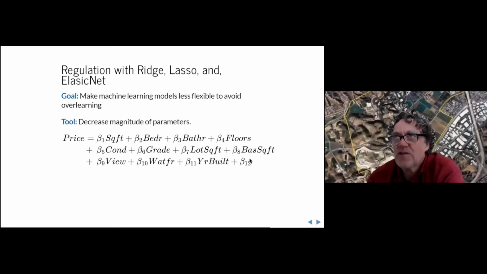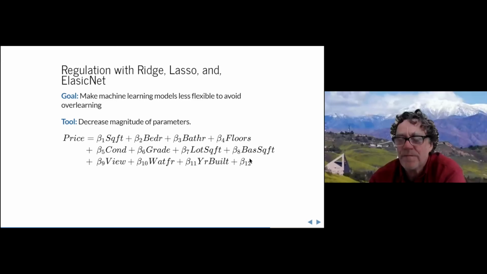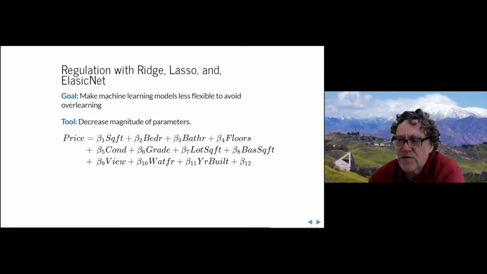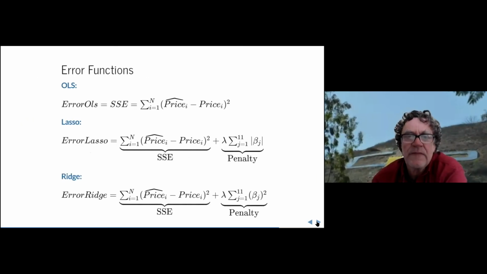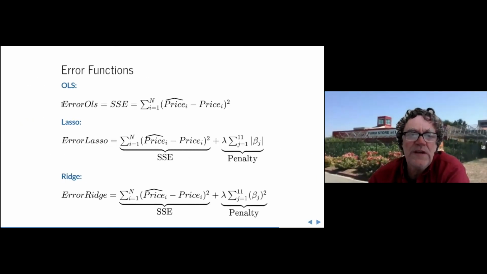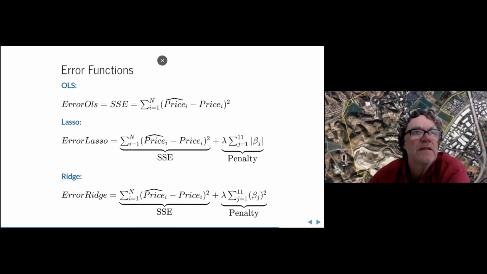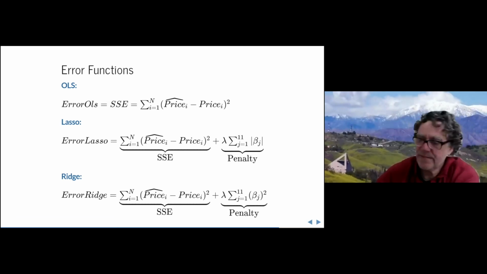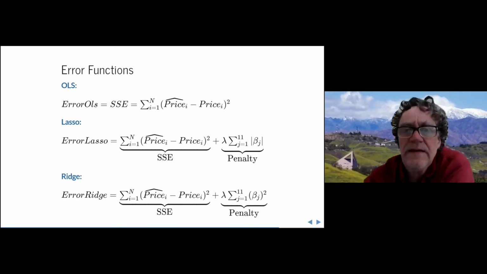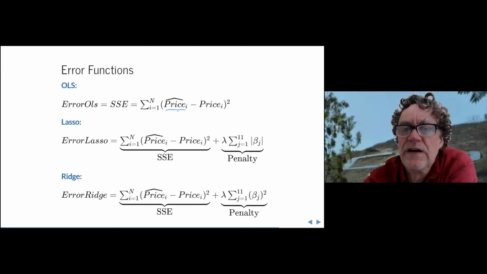The question is, how do we tell our learning algorithm to do what we want? And here's a trick. Don't get scared from the formula. We look first only at this formula here. Here's our error. This is a predicted price for a record i.